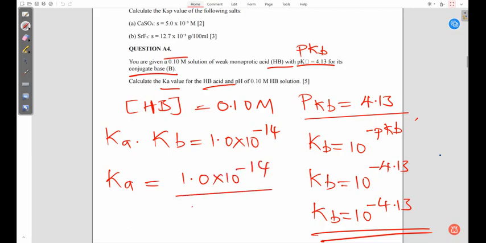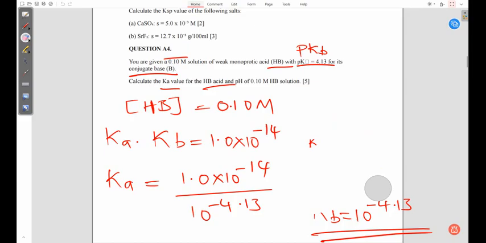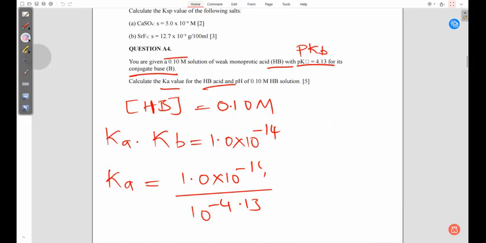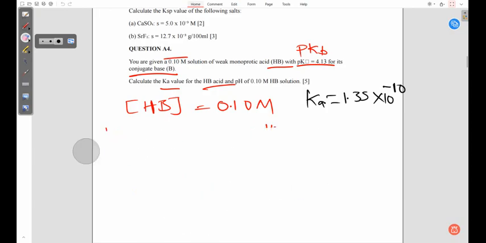Now Kb is 10 to the power negative 4.13. So the Ka value that I'm getting, 1.0 times 10 to the power negative 14 divided by 10 to the power negative 4.13, is 1.35 times 10 to the power negative 10. Okay, so we've answered the first part.